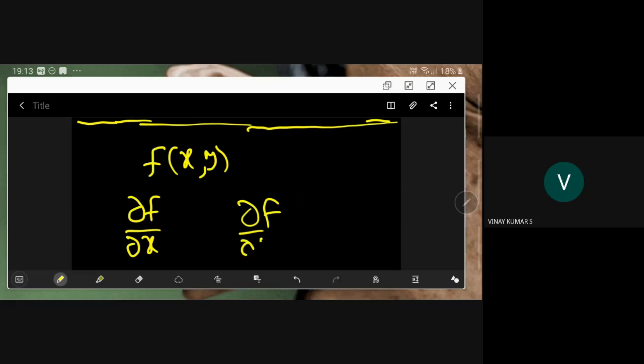These conventions we follow. And if you label this function with another variable u, then also we can treat this as dou u by dou x, and this we write as dou u by dou y.